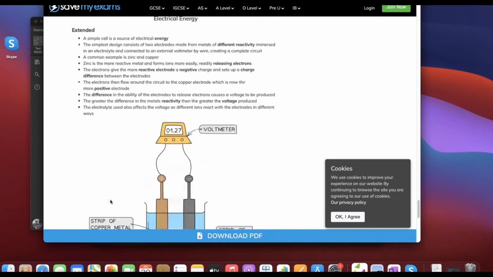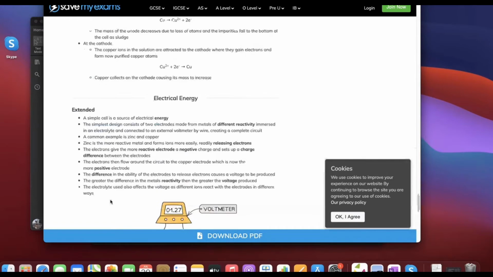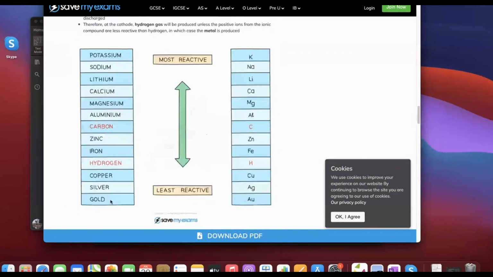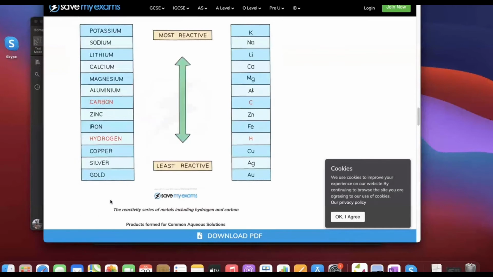I think it's not given here. So the most reactive positive ion will not be reduced at the cathode. It's the least reactive. The least reactive will be reduced.